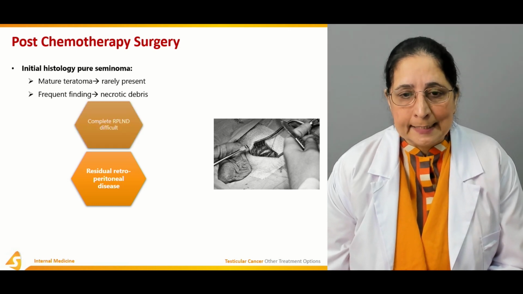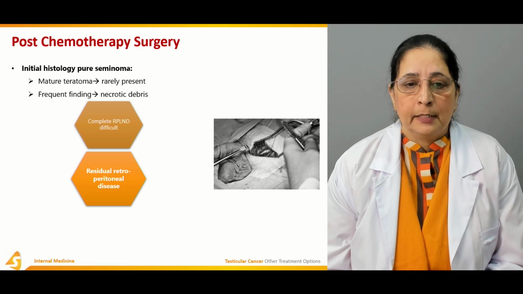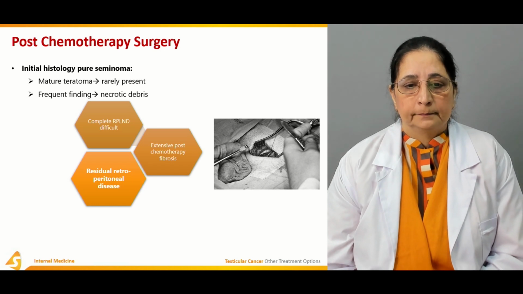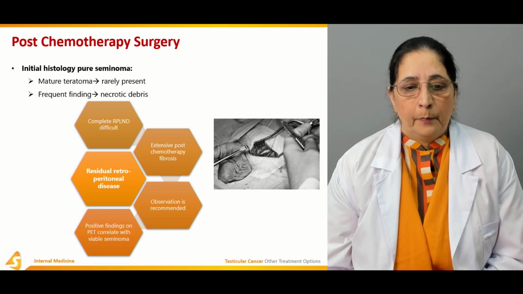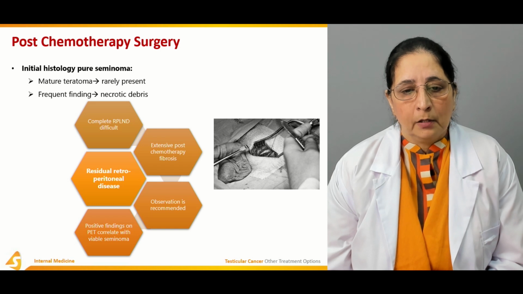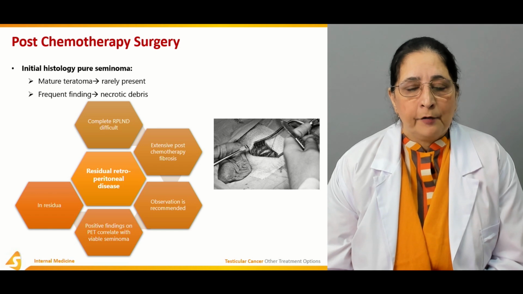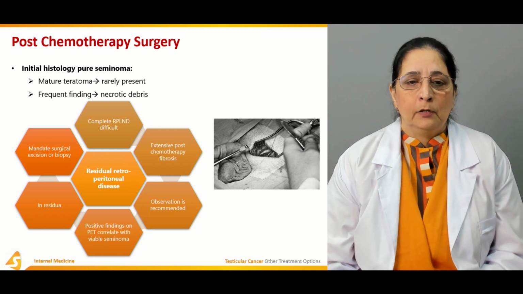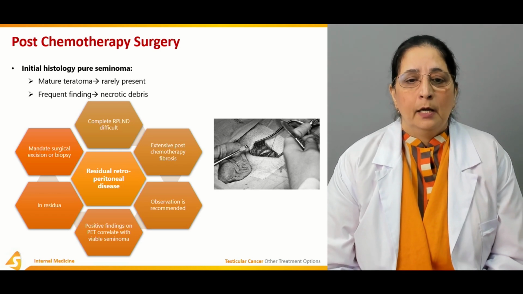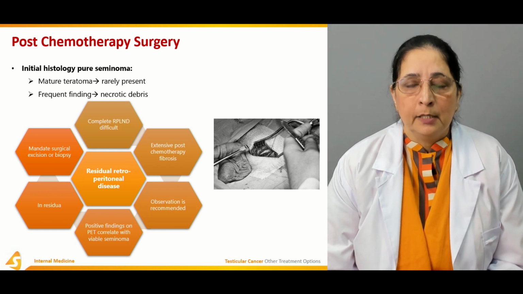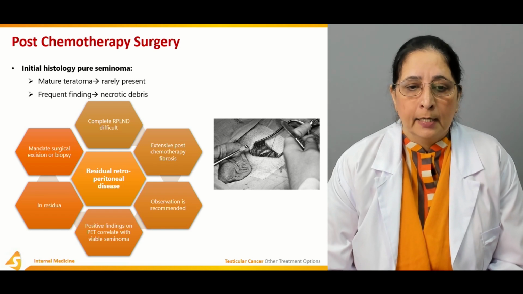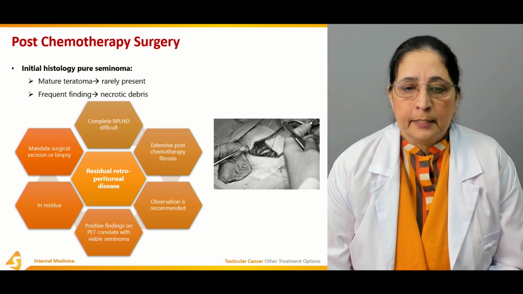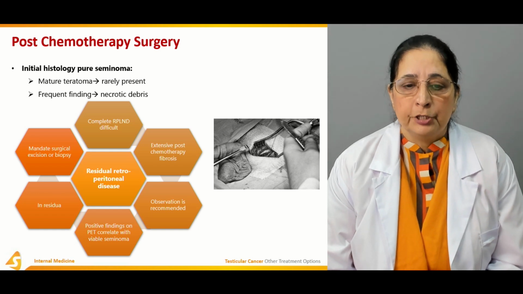If residual retroperitoneal disease is present, we should do the node dissection; if complete resection of the lymph nodes is difficult because of extensive post-chemotherapy fibrosis, observation is recommended.